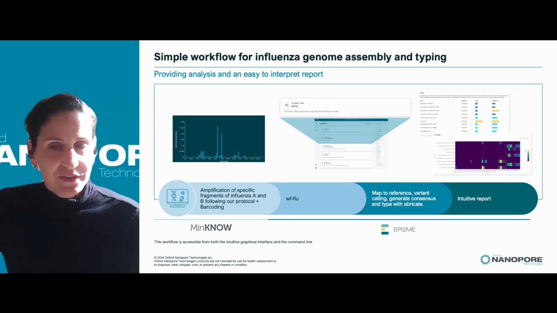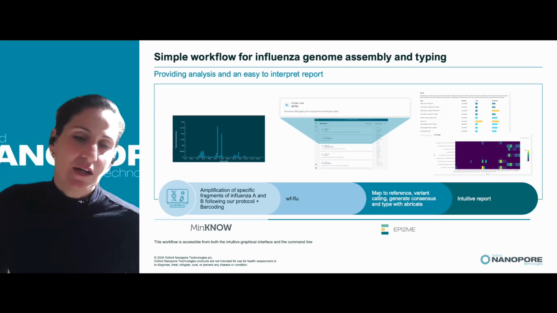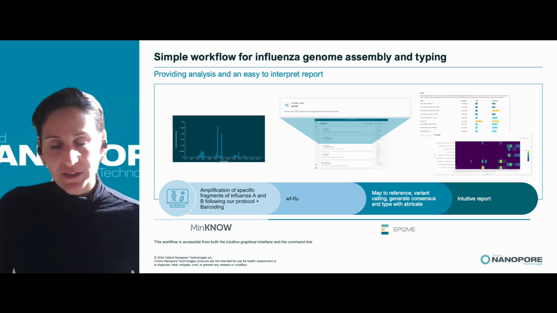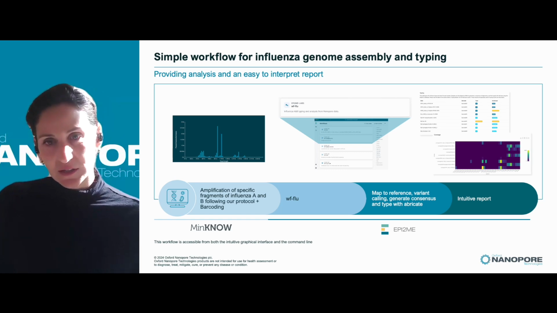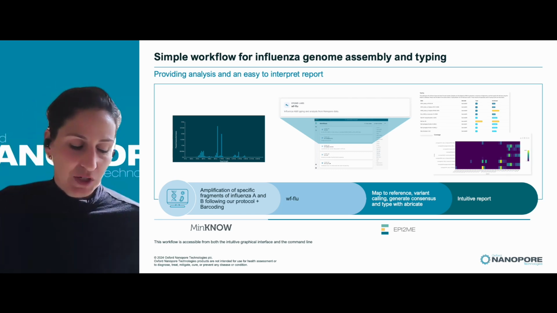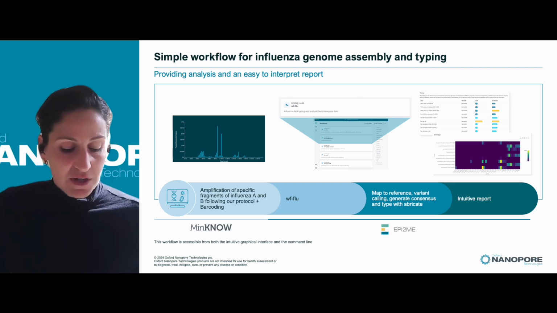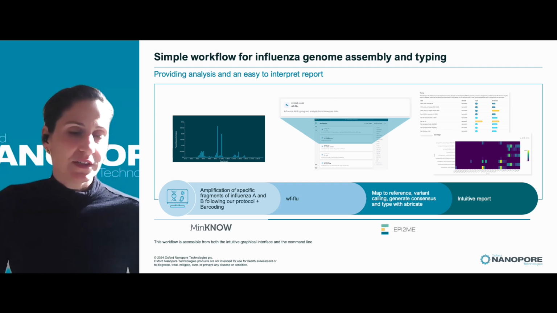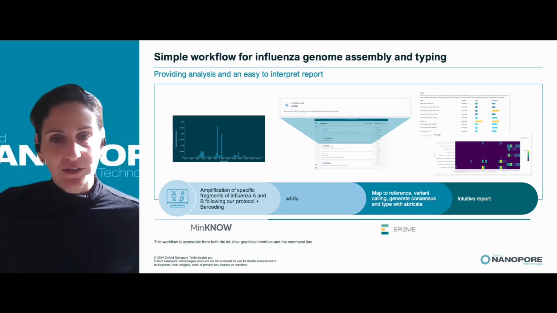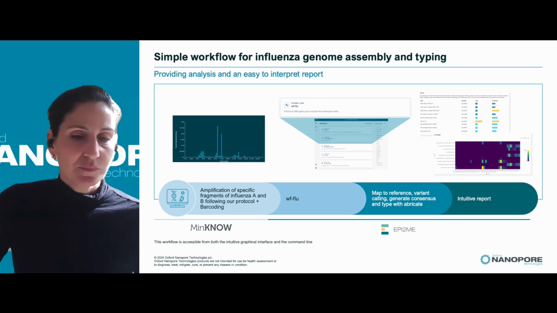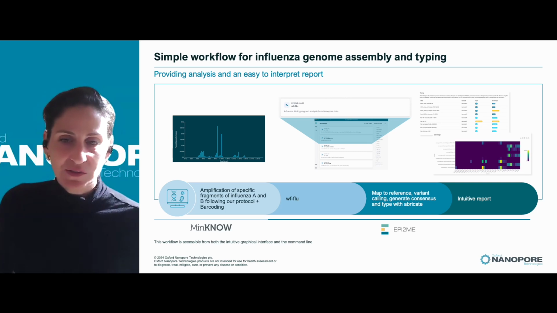And our end-to-end workflow for influenza genome is very similar, except that instead of using tiled amplicons, we will use primers at either end of each segment of the influenza genome so that you can generate a full-length segment for each of those 8 segments.